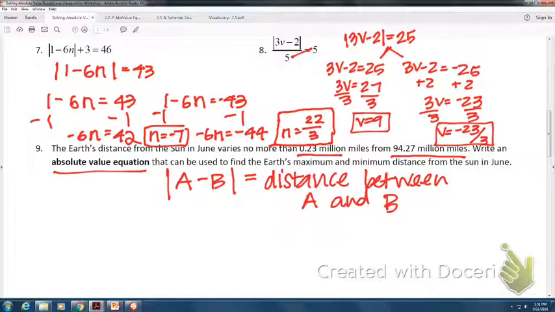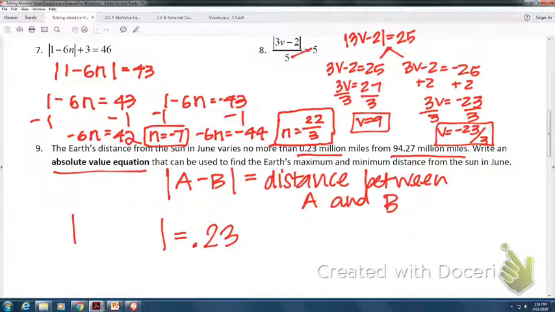Okay, so if A and B are the Earth and the Sun, I'm going to be setting an absolute value equal to something. They are equal to the distance between them. And what is that distance? It can be no more than what? 0.23. So that's what's going to go over here.